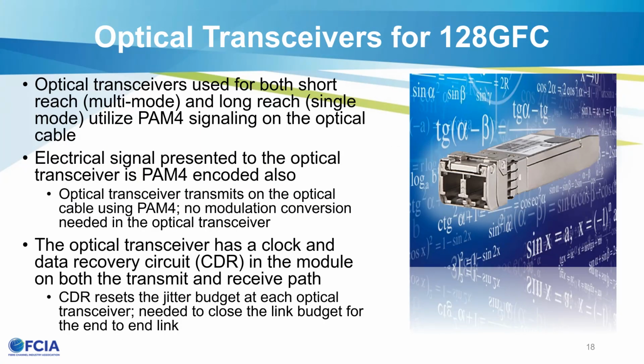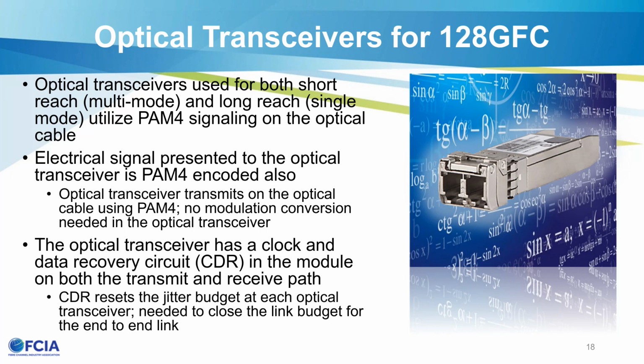And then optical transceivers for 128 GFC, Fibre Channel optical transceivers, are clearly a big part of this and how you interface to them. They're used for both short reach multimode and long reach single mode. They utilize PAM4 signaling on the optical cabling.